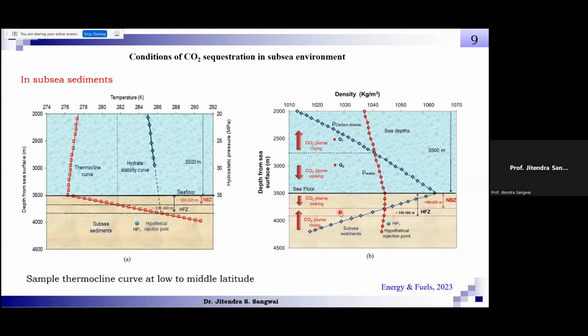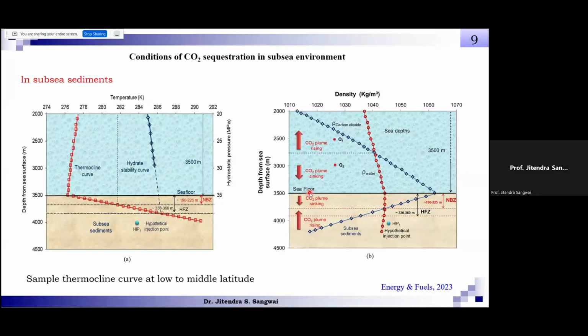So this zone will remain a permanent sink for carbon dioxide into the sediments by virtue of its density-driven sink mechanism. This zone is called a non-buoyancy zone. That means here the CO2 will not rise because of its heavier density than the water.